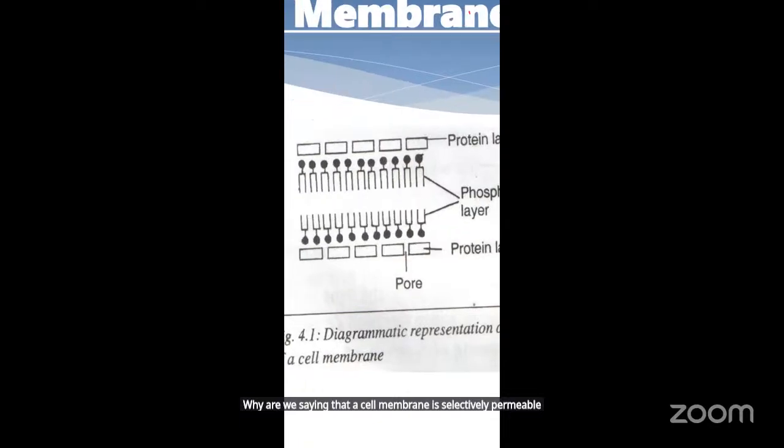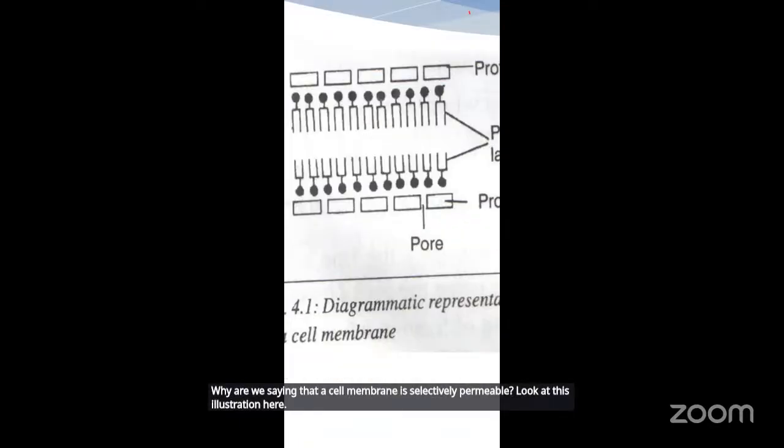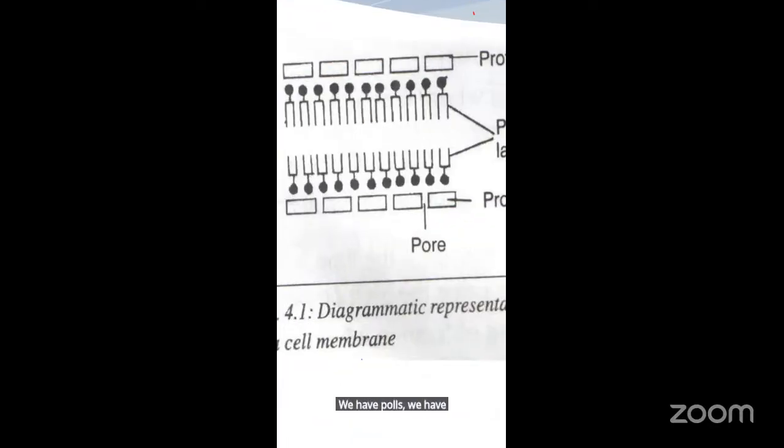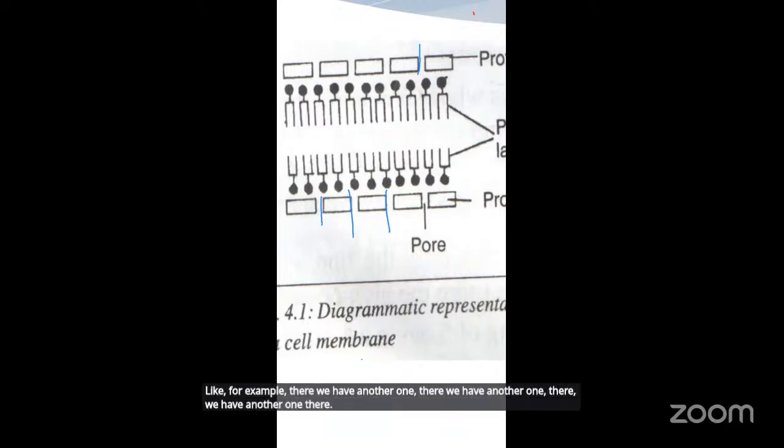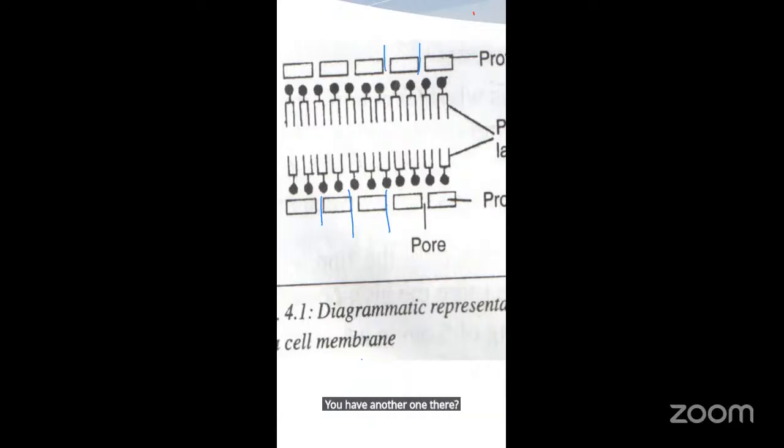Look at this illustration here. We have very many pores in a cell membrane, like there, another one there, and another one there. So that means that the cell membrane has numerous pores.